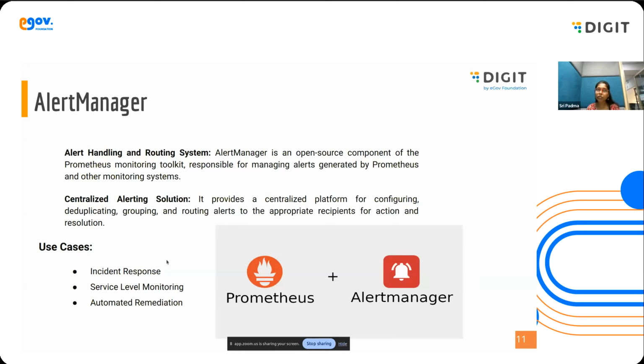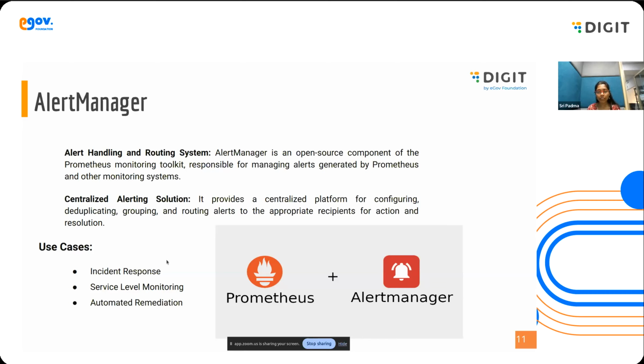It will also be useful for service level monitoring, because if the service contains some error, it will automatically raise an alert. If it is OOM killed, like the memory is not sufficient for the pod, it will be in the OOM killed state.